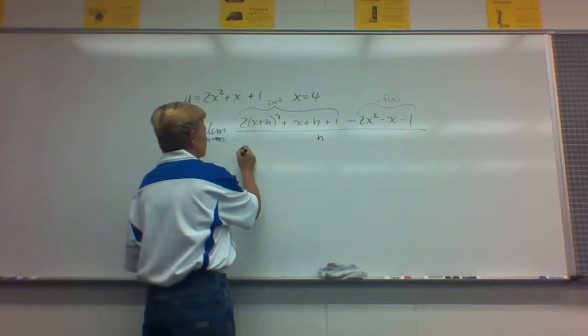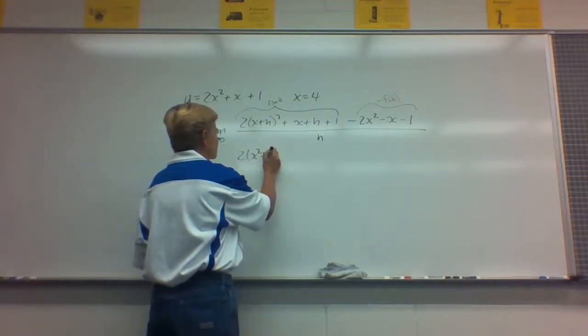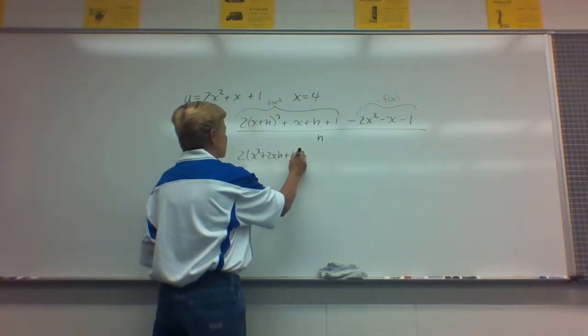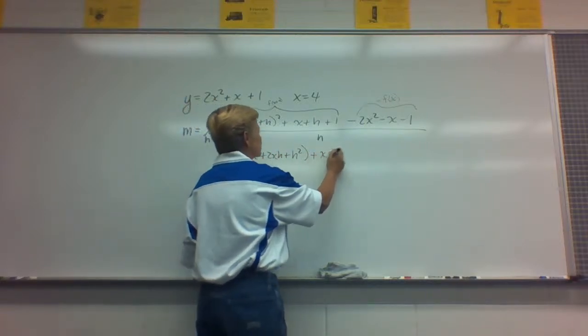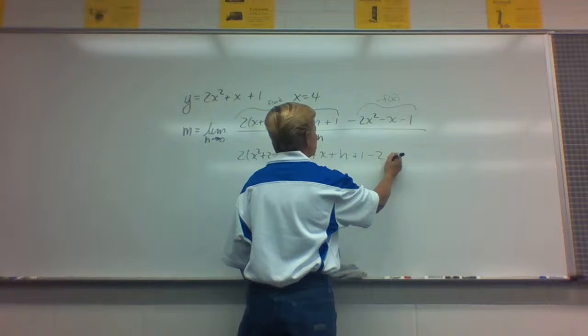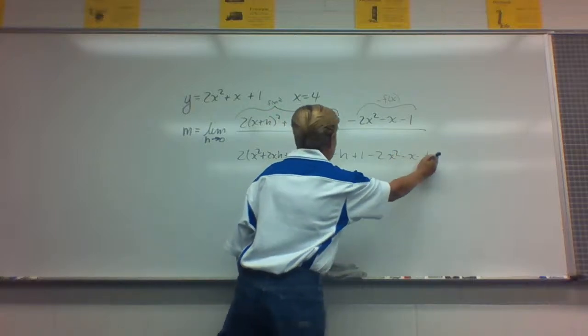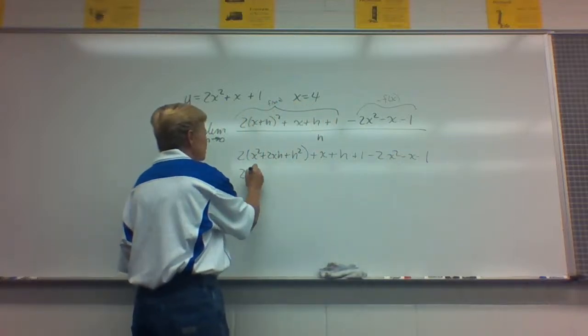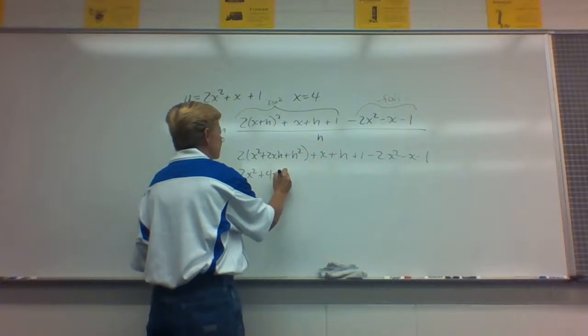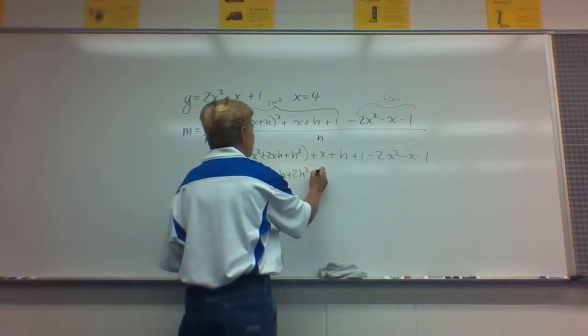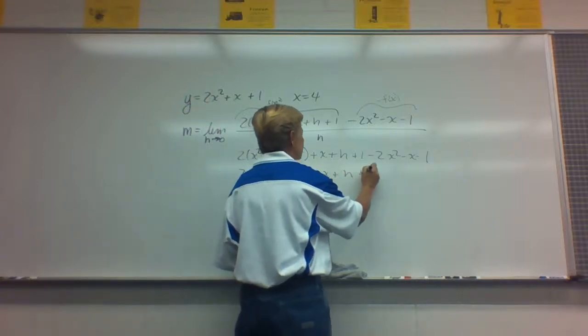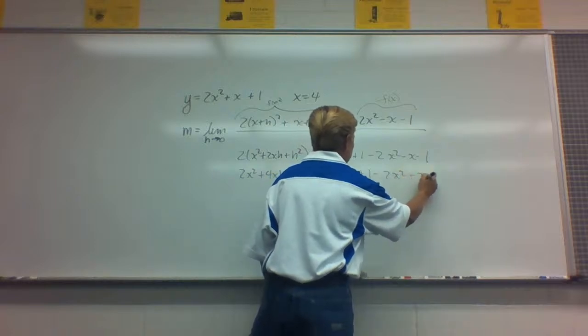So I get 2, and then x squared plus 2xh plus h squared plus x plus h plus 1 minus 2x squared minus x minus 1. Continuing in the numerator, 2x squared plus 4xh plus 2h squared plus x plus h plus 1 minus 2x squared minus x minus 1.